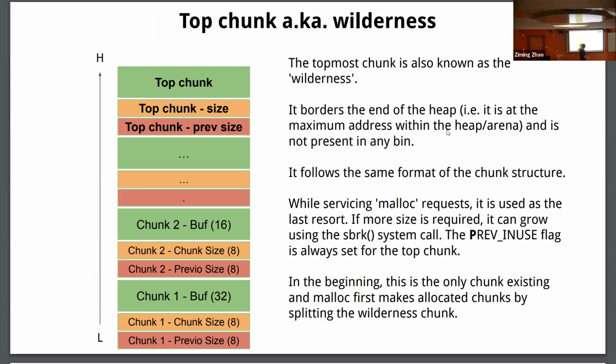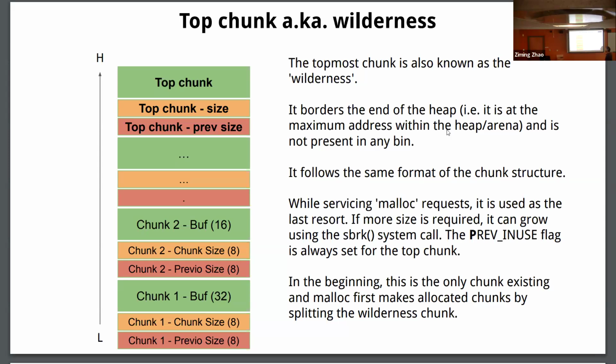The very last chunk, also called the topmost chunk, the name of that is the wilderness chunk. So everything on the heap at the beginning, you can consider it's just one huge chunk. It could be several megabytes or even bigger.